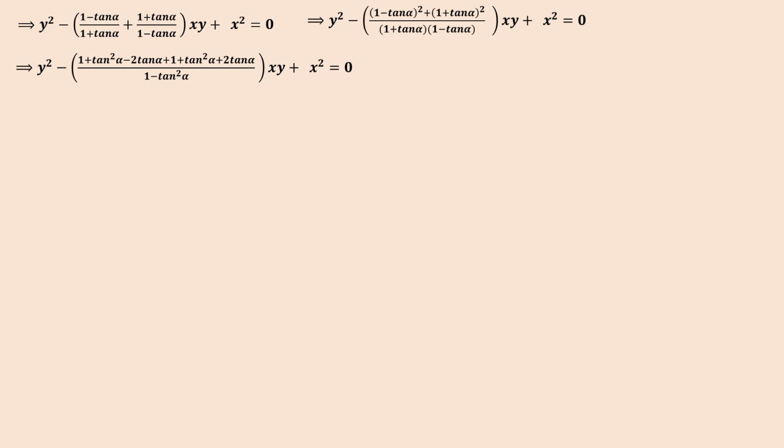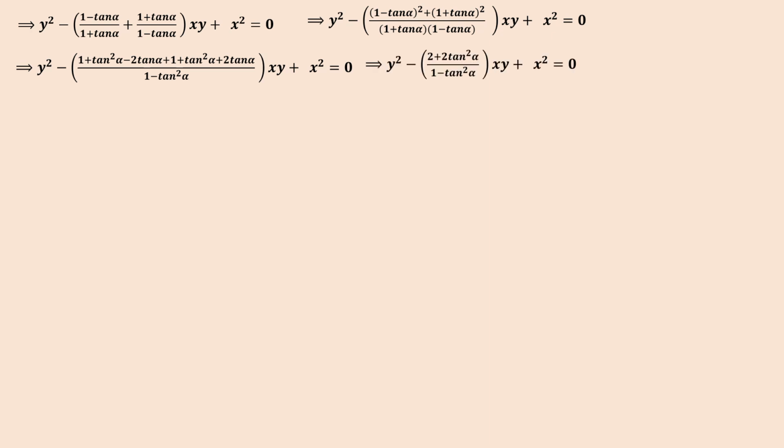So using the (a minus b) whole square and (a plus b) whole square formulas: 1 plus tan square alpha minus 2 tan alpha, and 1 plus tan square alpha plus 2 tan alpha, divided by, using the (a plus b)(a minus b) formula, a square minus b square, 1 minus tan square alpha, into xy plus x square equal to 0.